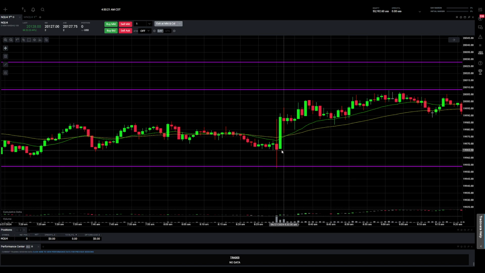This is the open. It's the very beginning of the candle. So it started at 19,966.50, and basically at the very end when the candle closes, it'll be right here.